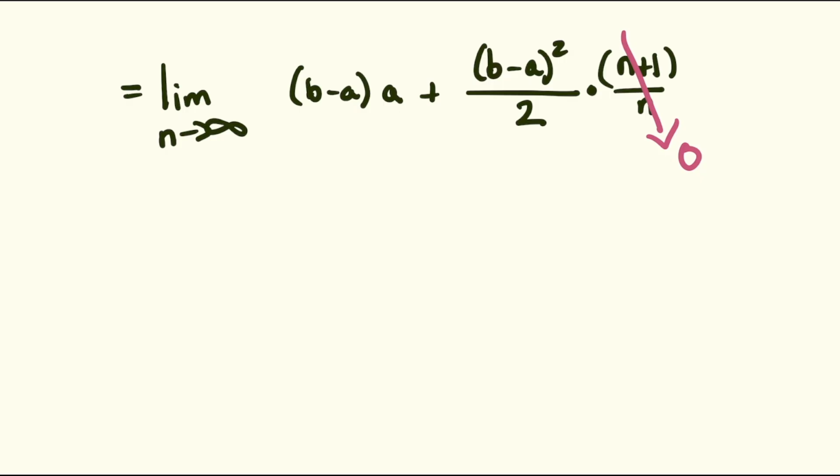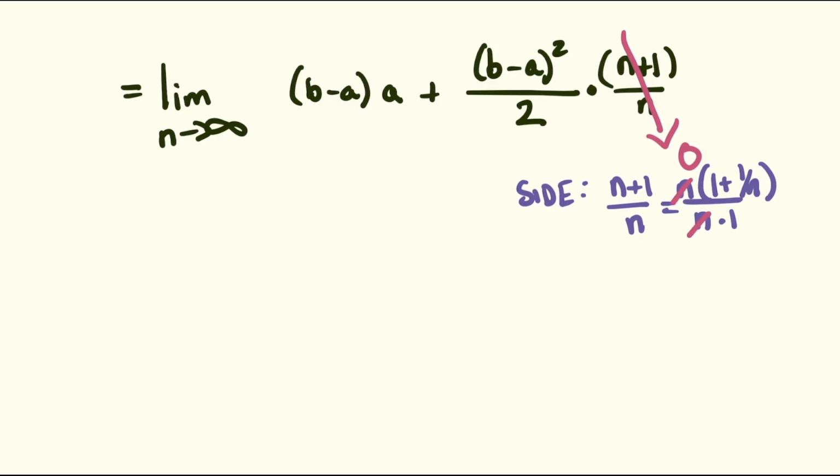And how do we know that? As a side note, if you're looking at (n + 1)/n, you can rewrite that as n times (1 + 1/n) on the numerator and n times 1 on the denominator.